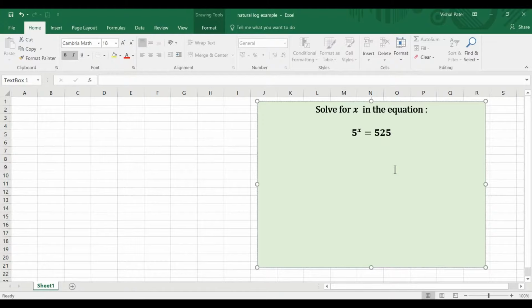So I'm going to break this problem down by applying natural logs to both sides of the equation, just so I can simplify the problem a bit and just so it's easier to calculate using Excel.